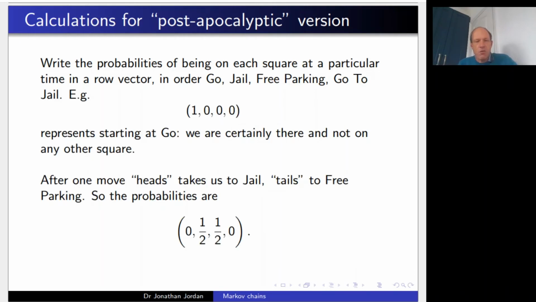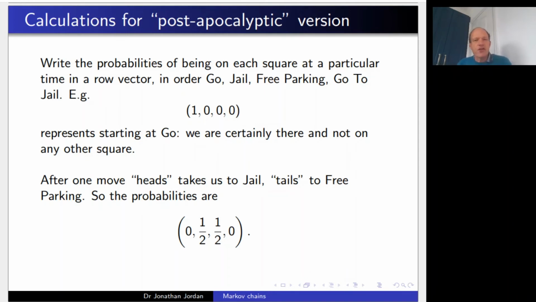We have 1 representing the probability of being on Go, 0 for jail, 0 for free parking, and 0 for Go to jail. That represents the idea that we start at Go, so we have us there with probability 1, we're certainly there. We can't be on any other square, so the probabilities of being on any of those other squares are 0. So that 1, 0, 0, 0 represents certainly being on Go. So that represents the starting position.